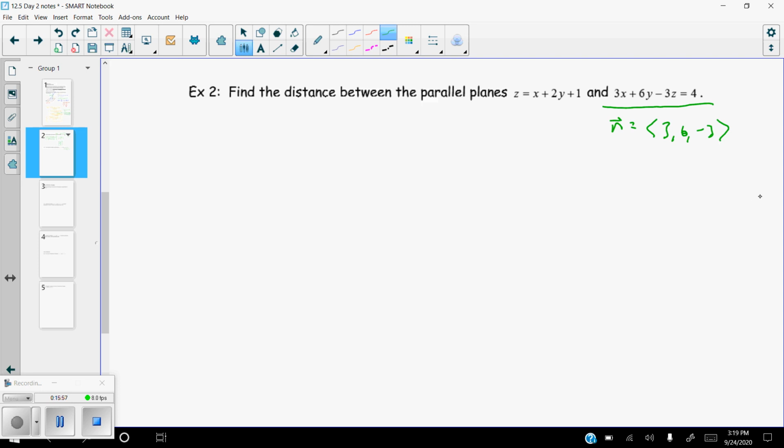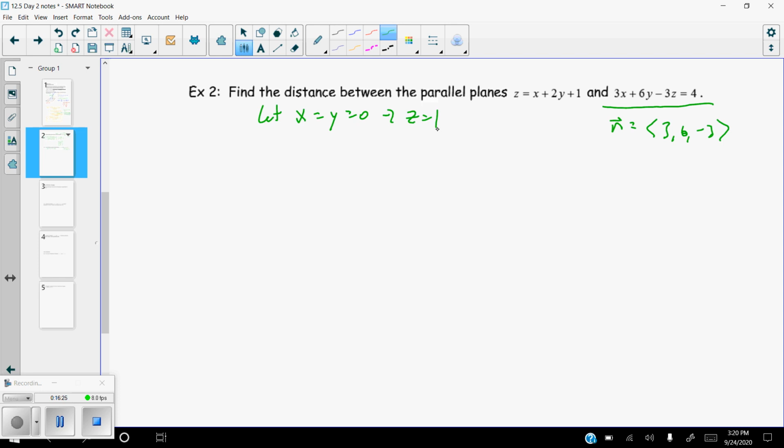So what I really need is a point that's on the first plane. How do I find a point on the first plane? Well, it's actually pretty simple. Let's let x and y equal 0. Why not? Because if that's the case, if I plug 0 and 0 in, that gives me a z value of 1.